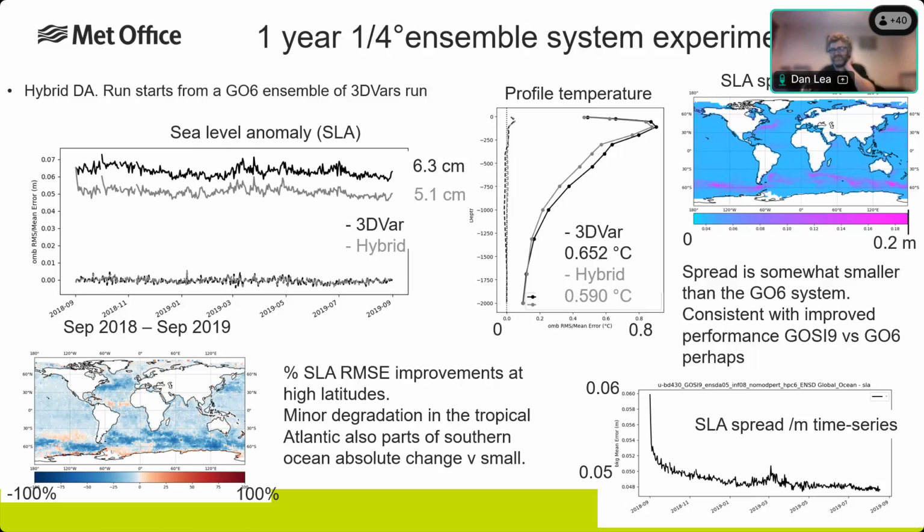It'd be interesting to see whether the improvements are similar from doing that as from using the full structure from the ensemble. So I hope that answers that question. Thanks.